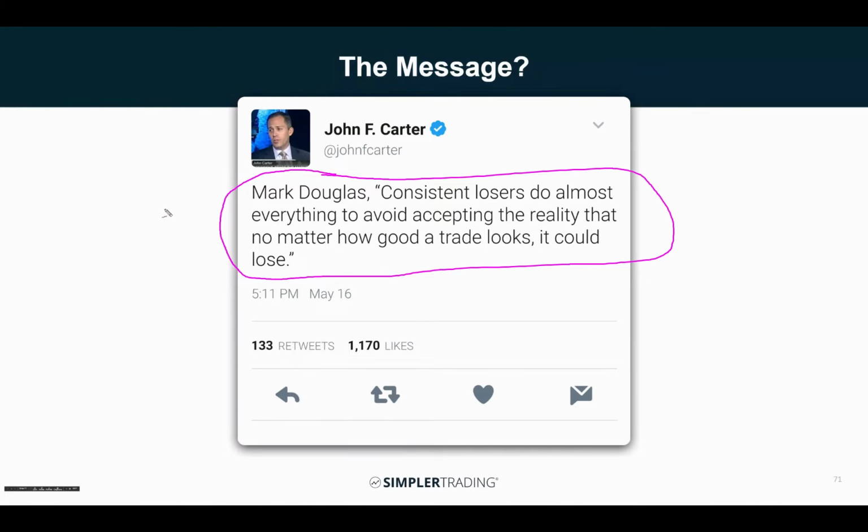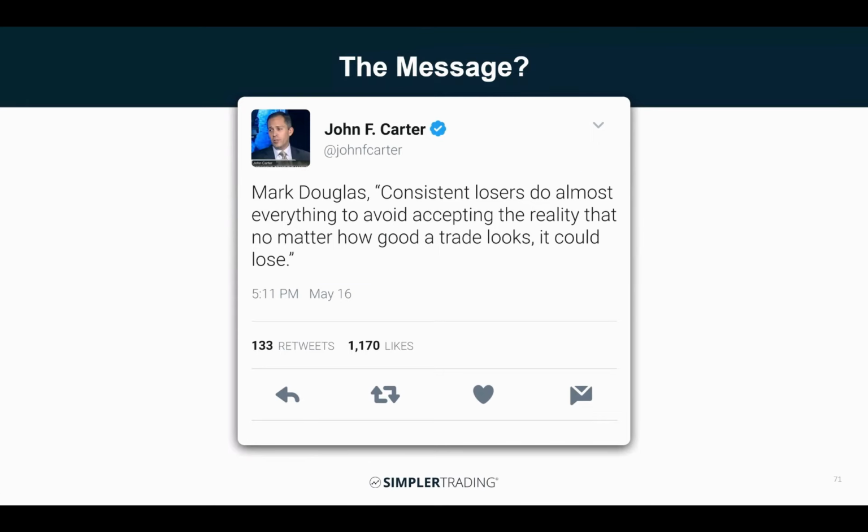Consistent losers do almost everything to avoid accepting the reality that no matter how good a trade looks, it could lose, okay? And what I like about this is it gives you very clear signals. If you get into a squeeze long and it fires short, you just get out. If you're in a squeeze long and it loses momentum, you get out. It's crystal clear when you should no longer be in, okay? And that is hugely important.